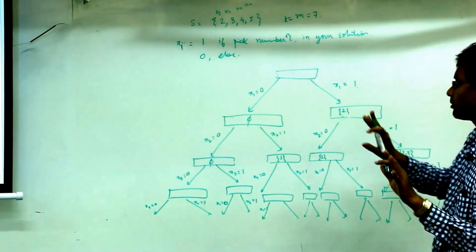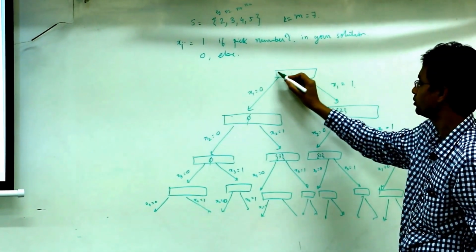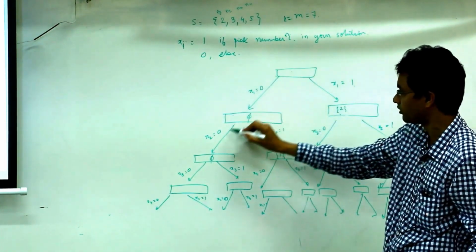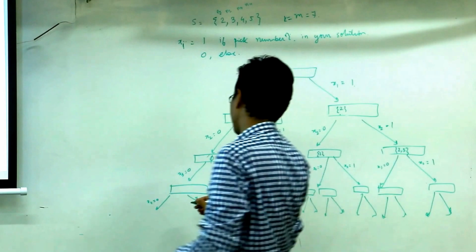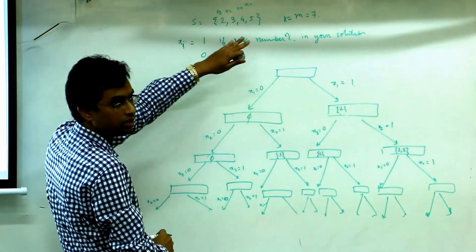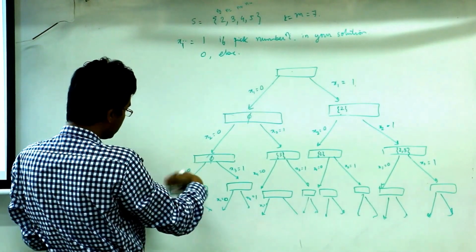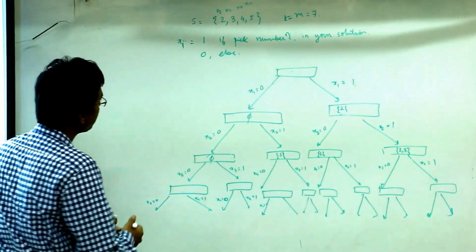So the normal backtracking will try to explore some paths. Maybe it will explore this path first, and then it will find out if the solution sums up to 7. If it sums up to 7, then it will return, else it will go back to the next junction, right?